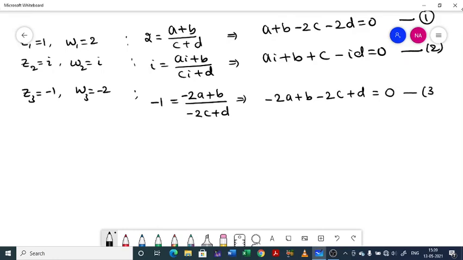That will be equation 3. Now again we have equations 1, 2, 3. All equations involve 4 variables.